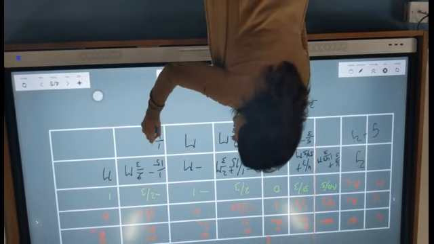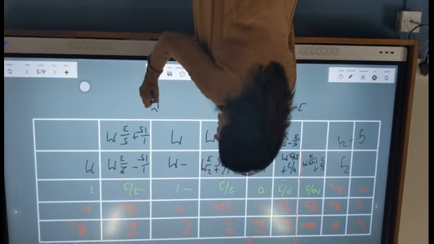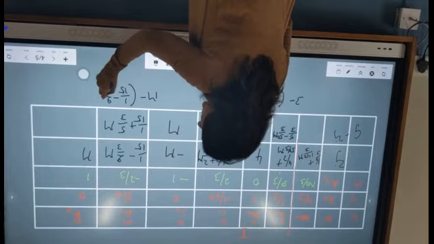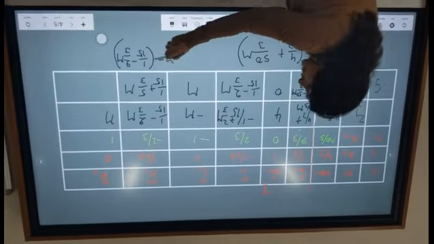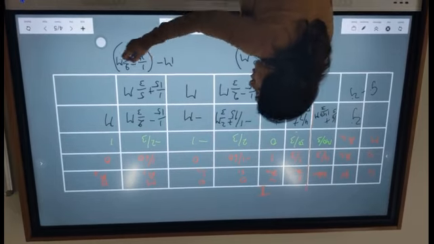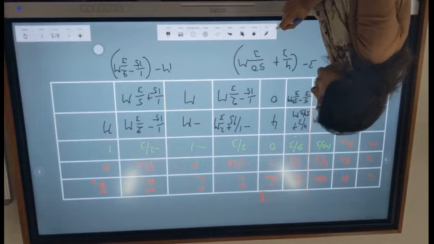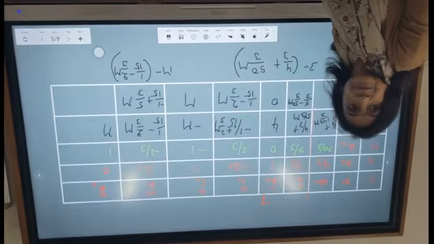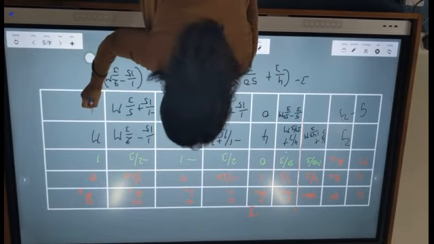What are we doing? We are doing m minus 1 by 15, next 2 by 3, zero, m. So if you take m common you get 3 m, and outside minus 1 by 15. And the next one is 0.